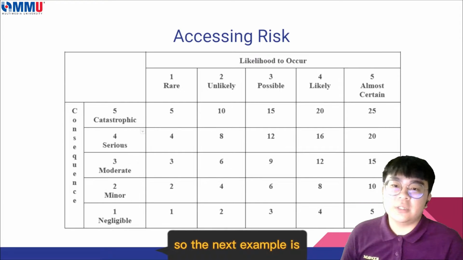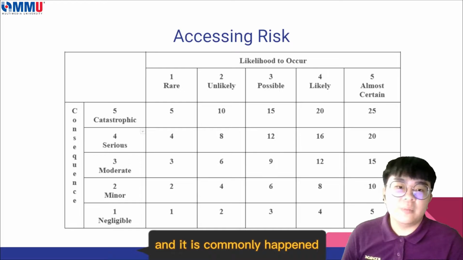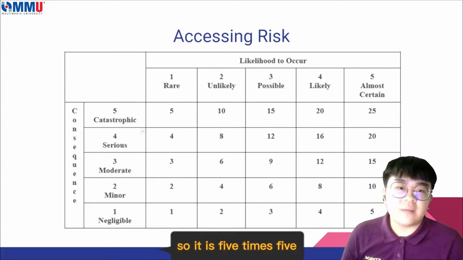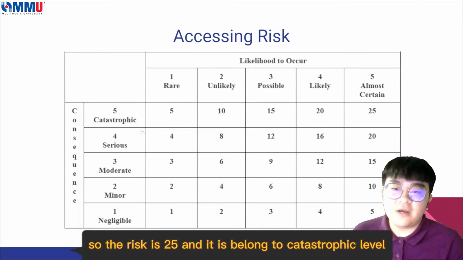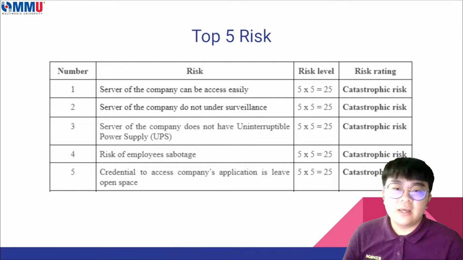The next example is if the risk will affect the server and it commonly happens, so it's 5 times 5, the risk is 25, and it belongs to the catastrophic level. And the next one is the top 5 risks after our survey.